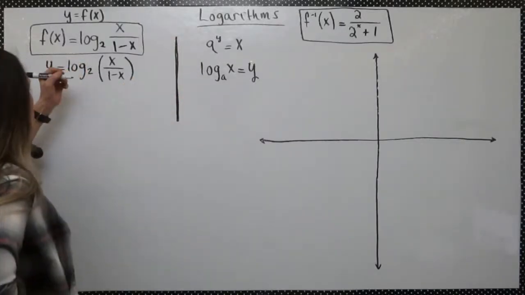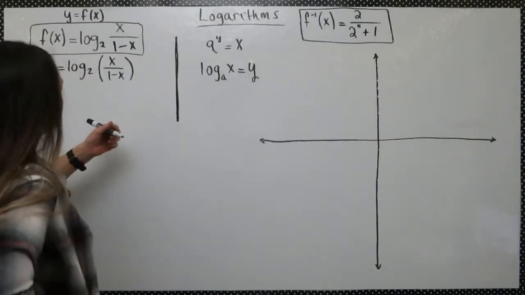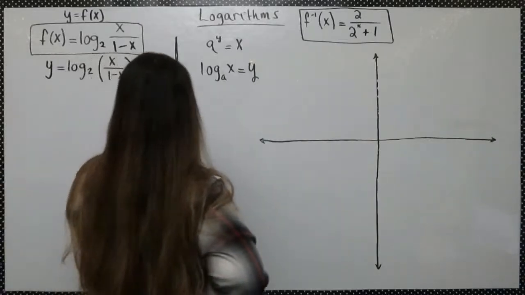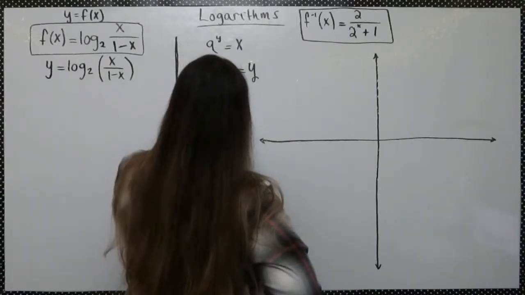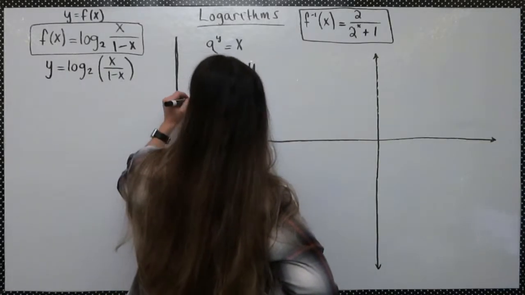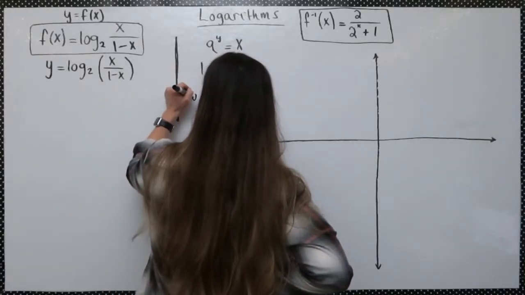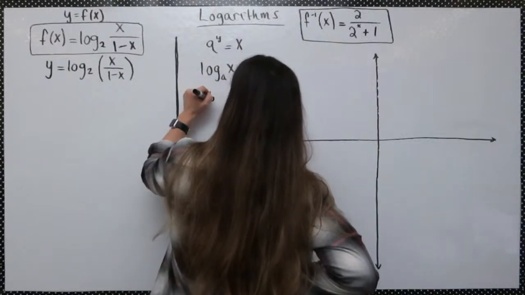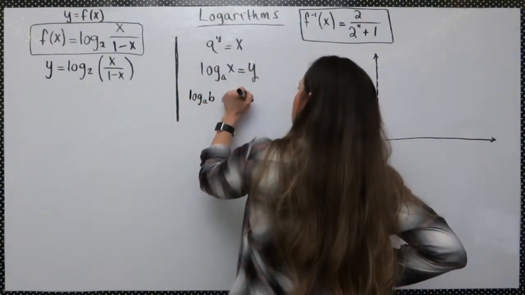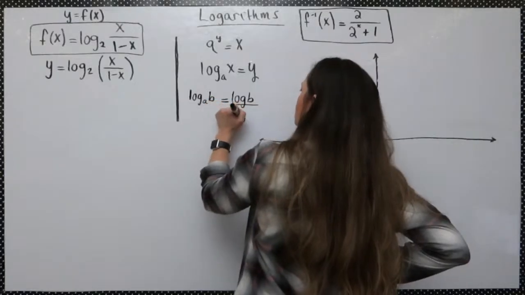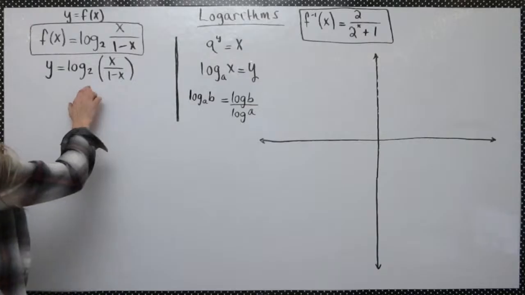I wanted to try it a little bit different and use the change of base. What change of base does is it puts it into the same base. So if you have, I think it's, log A of B equals log B over log A. And that's kind of what we have going on here.